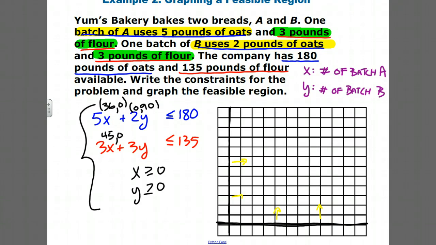So 45 there and 45 for the y. So there are your intercepts. If we go by tens, we should be all right. So if each marking is 10, we'll be fine. That's 20, 30, 40, 50, 60, 70.